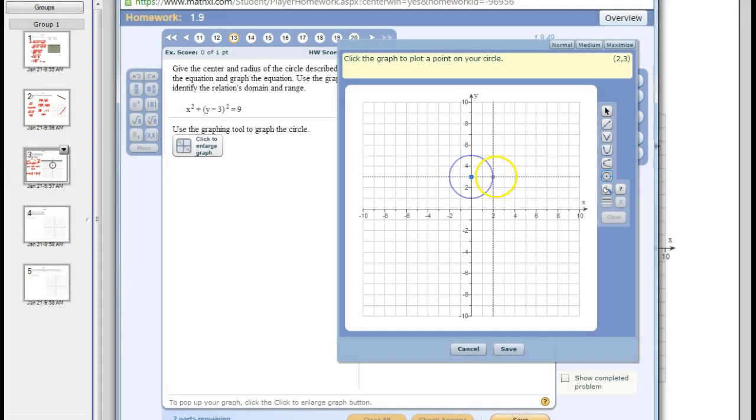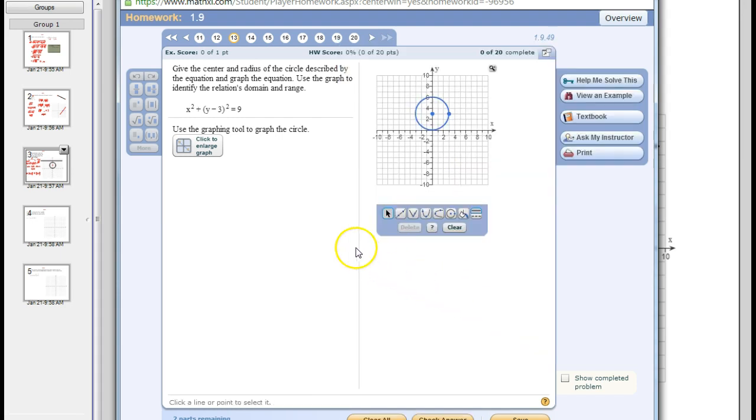Notice as I move my cursor away, I start getting a circle. Then it says click the graph to plot a point on your circle. It can be any point, it doesn't matter. I said the radius was 3, so if I move over to the right 1, 2, 3, I can click there. I can go up and click there, left 3, down 3. But don't go 1, 2, 3 diagonally, because that's too big. Just make sure you go left, right, up, or down for your second point.